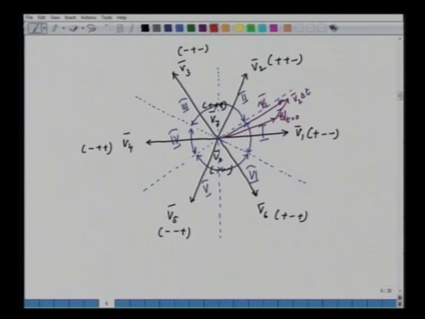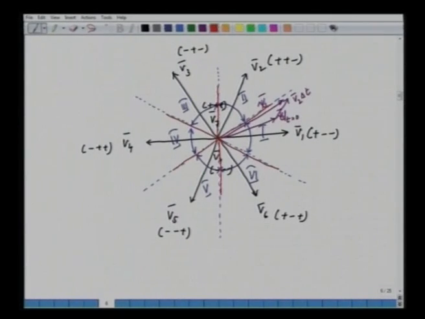So, this is the first sector, the second sector, the third sector is within this, the fourth sector, the fifth sector and the sixth sector.